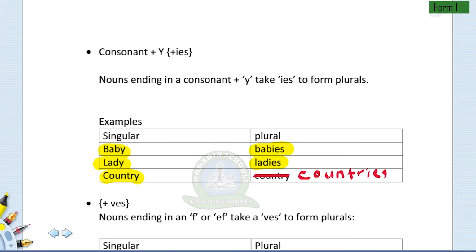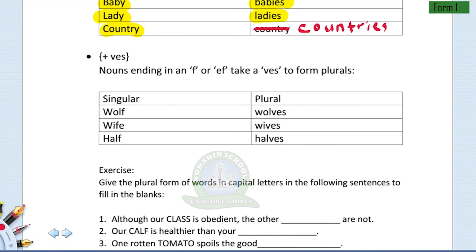Okay. The next is nouns that end with f or fe. They take ves to form plurals.